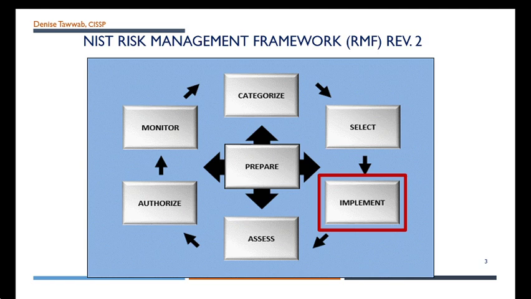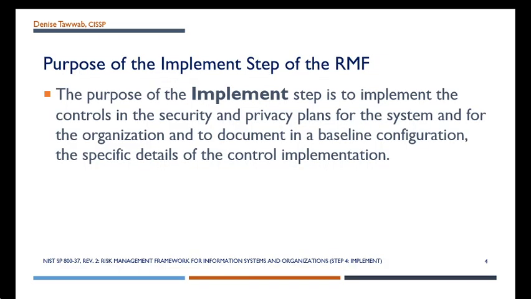There's an Assess step, the Authorize step, and the Monitor step. And these steps are not linear. When you first start out, you kind of do them in order. But beyond that, each step informs the other. It's a very iterative process that happens when you're implementing the NIST Risk Management Framework.